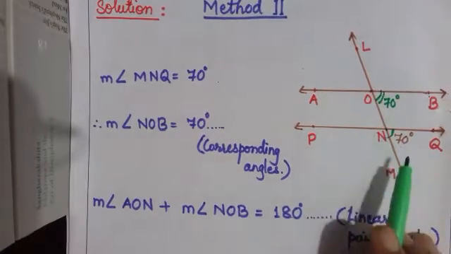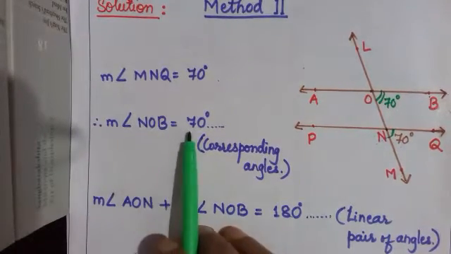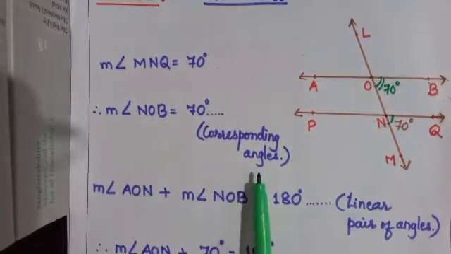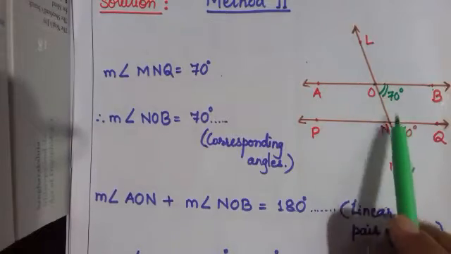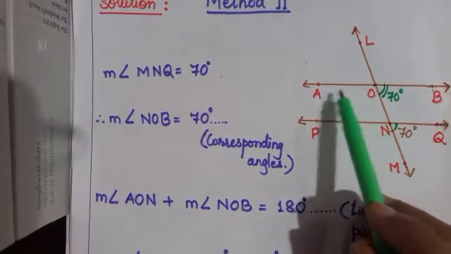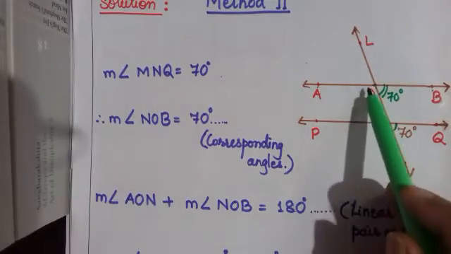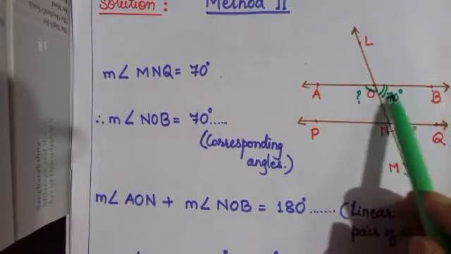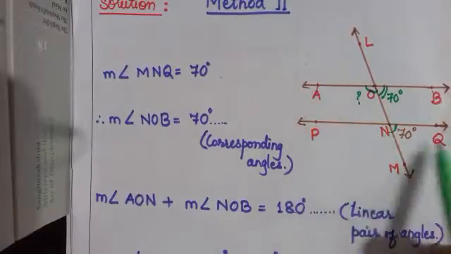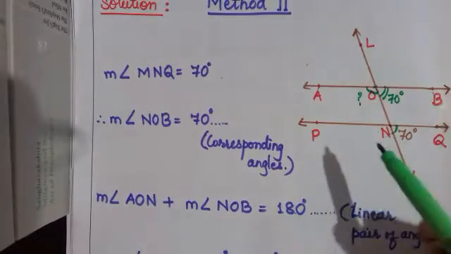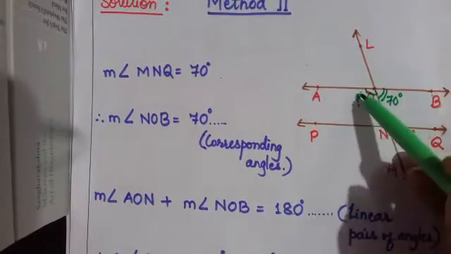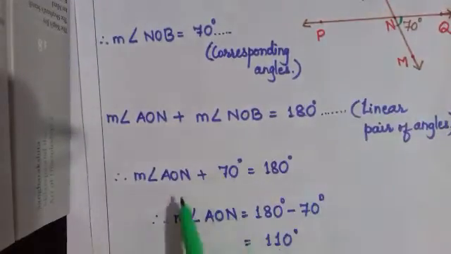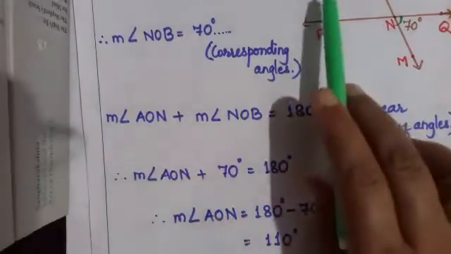So we can see here, measure of angle NOB is 70 degrees. What is the reason? Corresponding angles. Now we have to find angle AON, this angle. How to find? AB and PQ are parallel and LM is transversal. We can add these two angles because they are a linear pair.